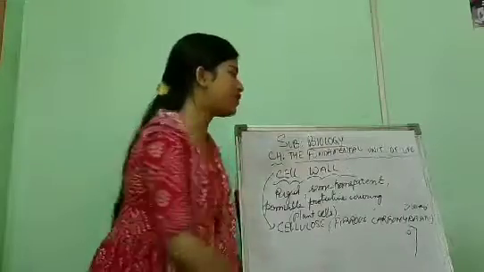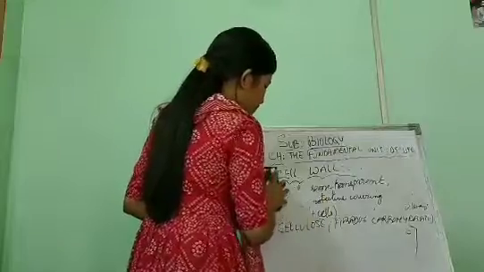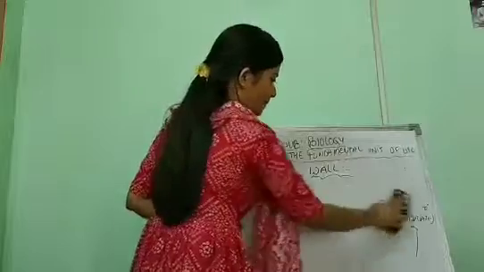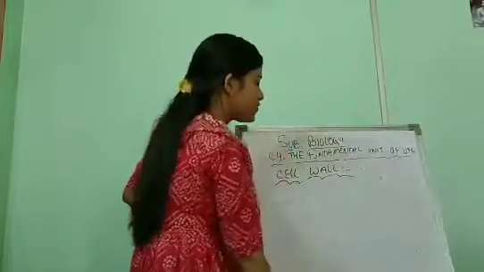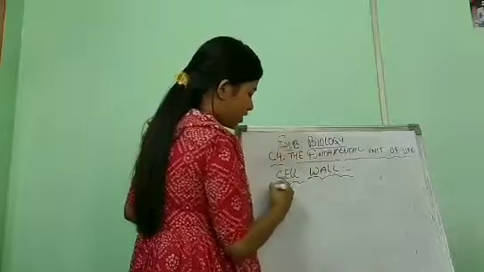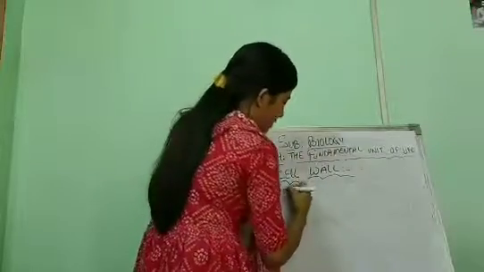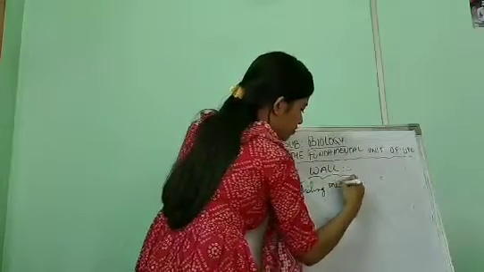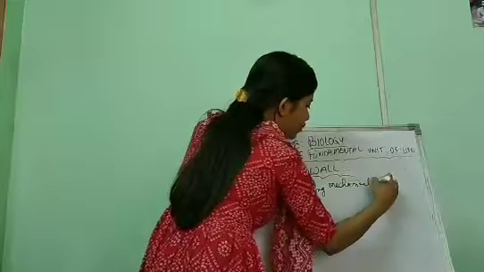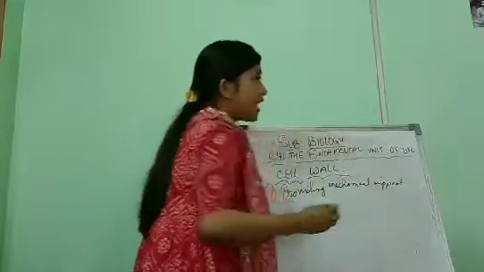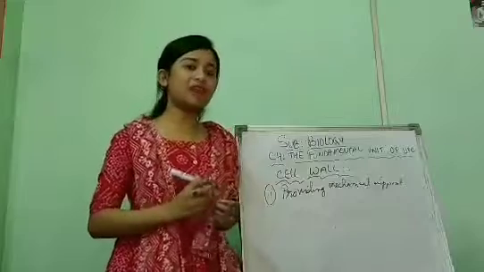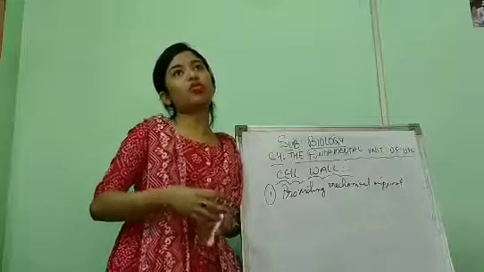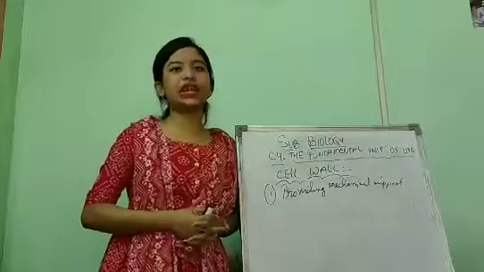Now see, the first function of the cell wall is providing mechanical support to the plant. The plant, obviously, has to undergo various natural calamities.